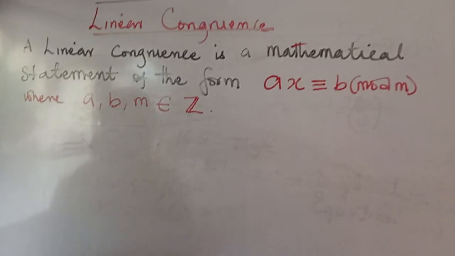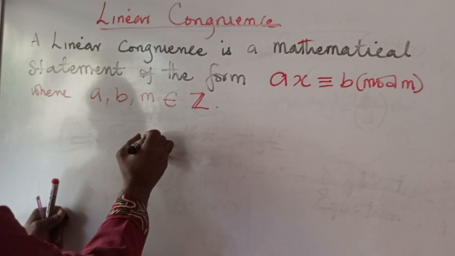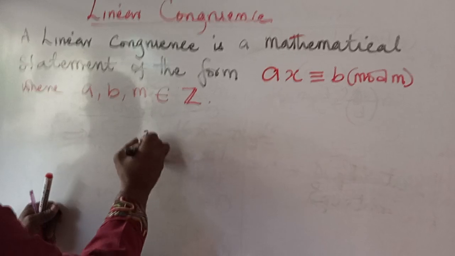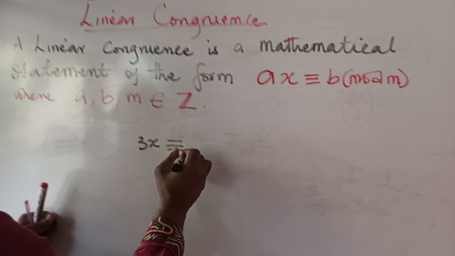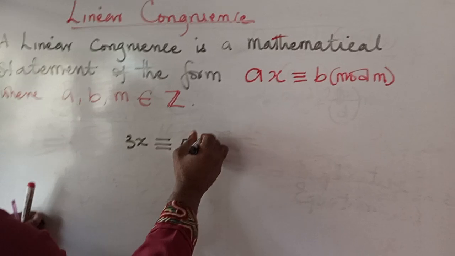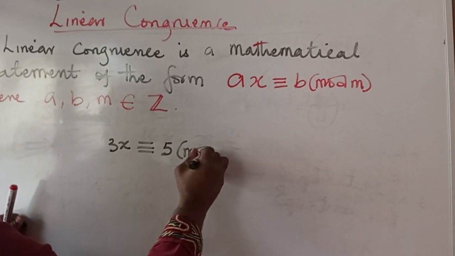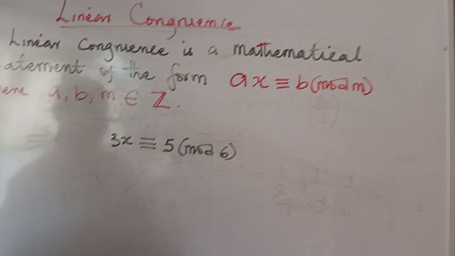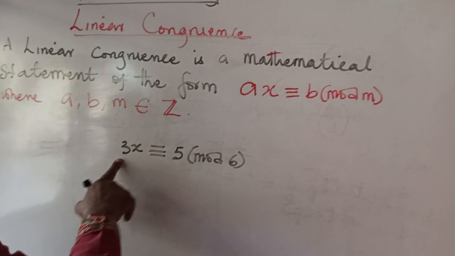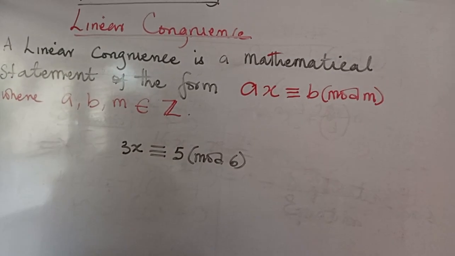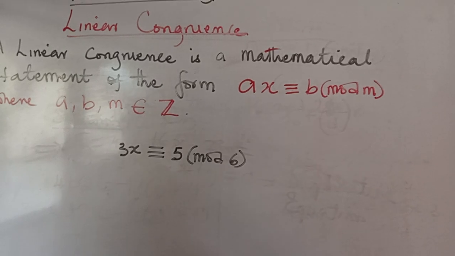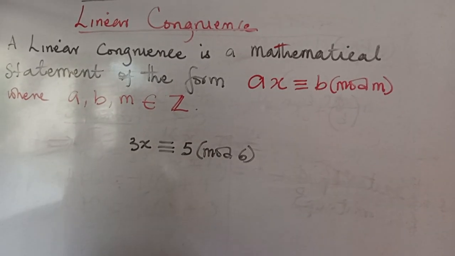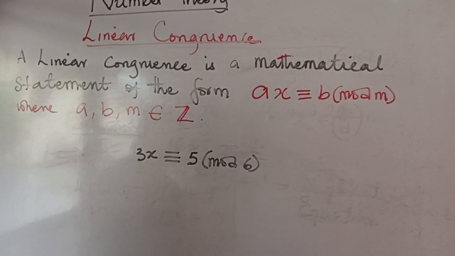Let's take an example of such a problem. Let's say you have 3x is congruent to 5 mod 6. Now you know that the GCD of 3 and 6 is 3. When I say GCD, I'm referring to the HCF. And 3 cannot divide 5, and so this cannot have a solution.